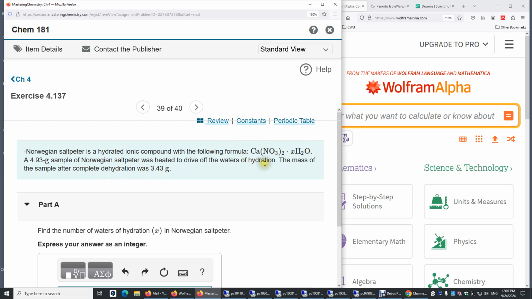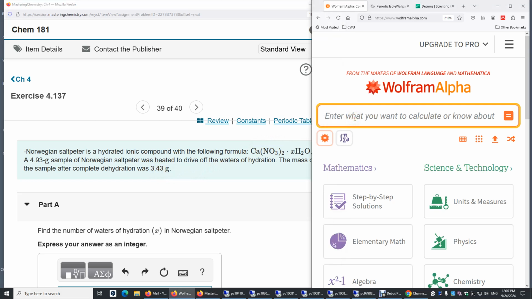First, after we heat it up and dry off the water, we have calcium nitrate, 3.43 grams. And the ratio between calcium nitrate and water is this. 4.93 is the mass of this compound with hydration. 3.43 is the compound without hydration.